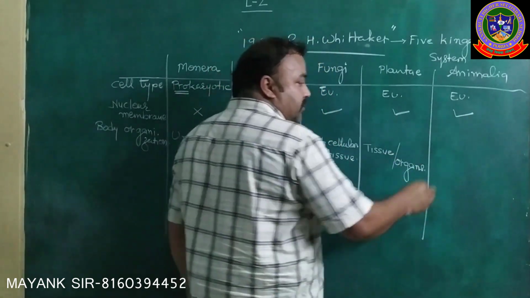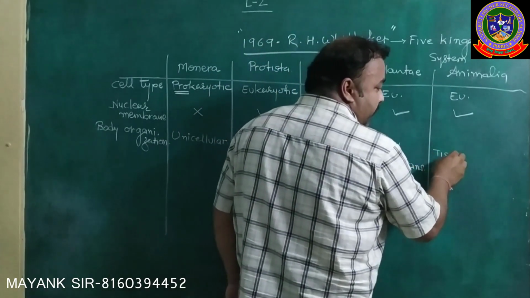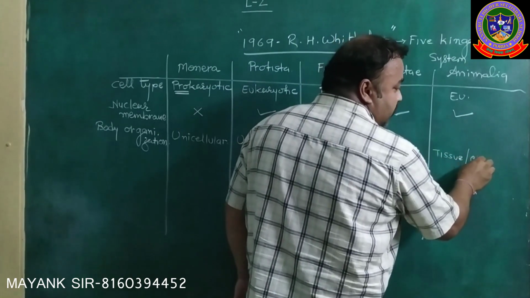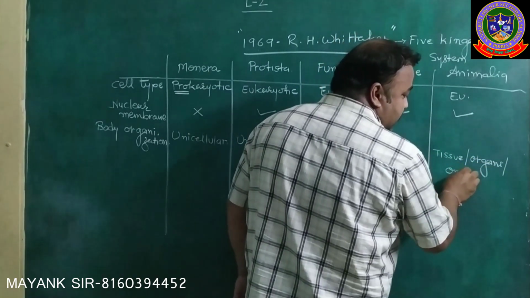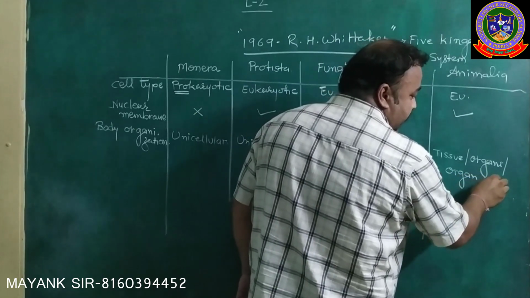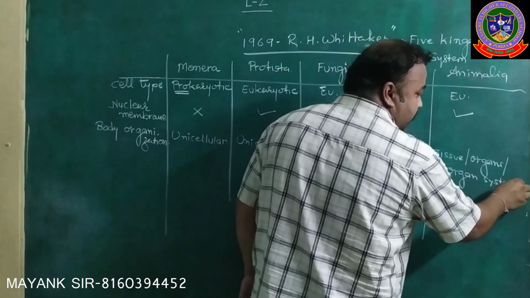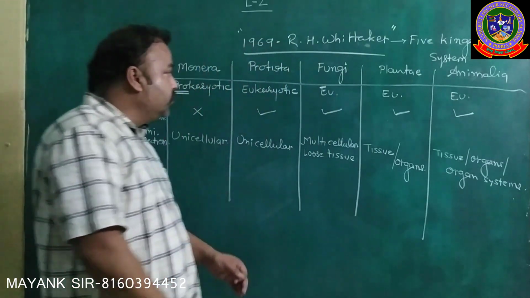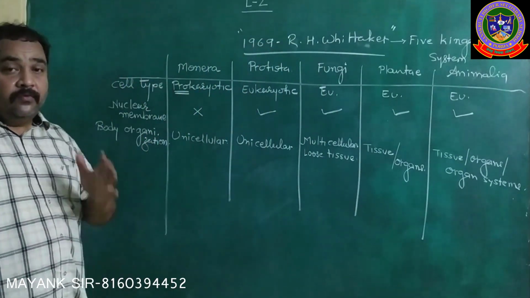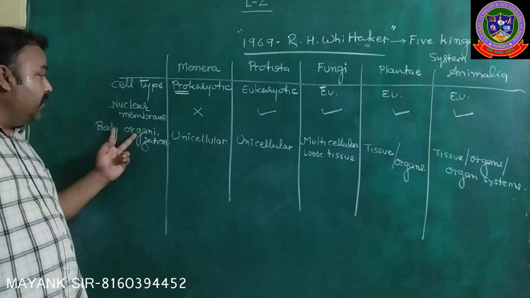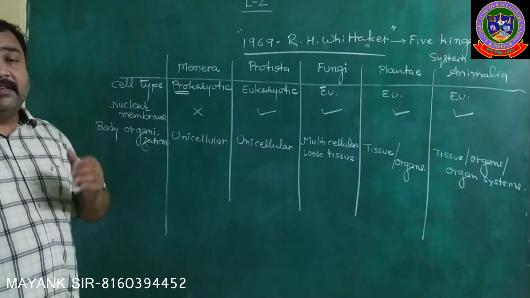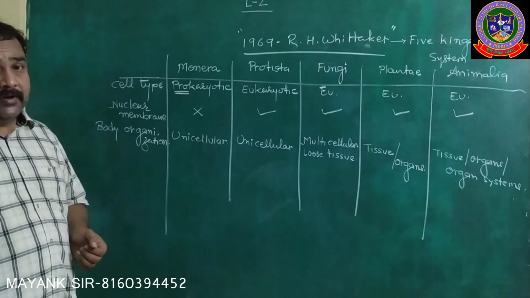Whereas in animals, tissues were there, organs were there, and organ systems were established. So, the first character was cell type, the second nuclear membrane, the third body organization.